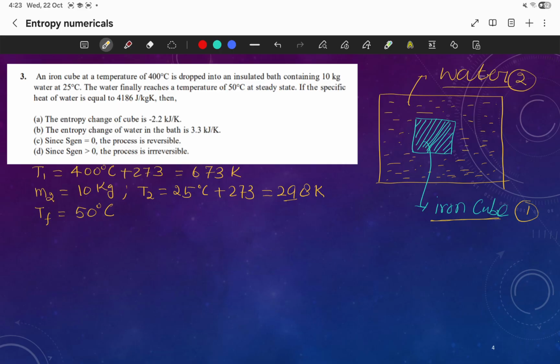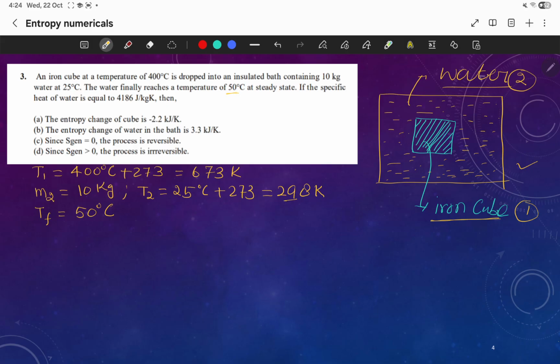This is type 2. Here the cube is submerged inside the water, and the cube will release heat and its temperature will also change. That's why this is type 2.